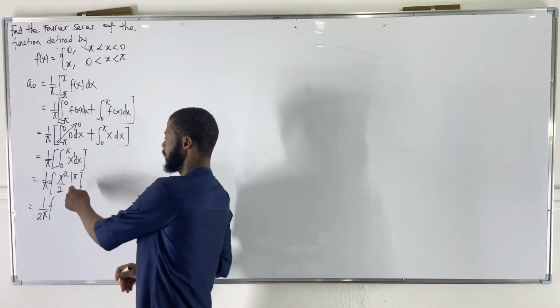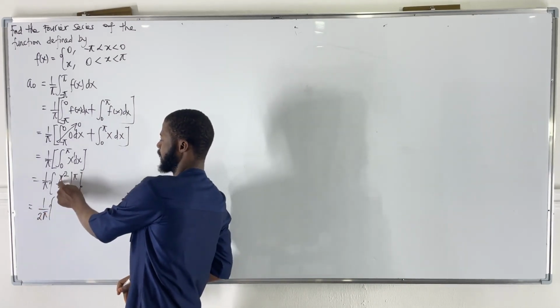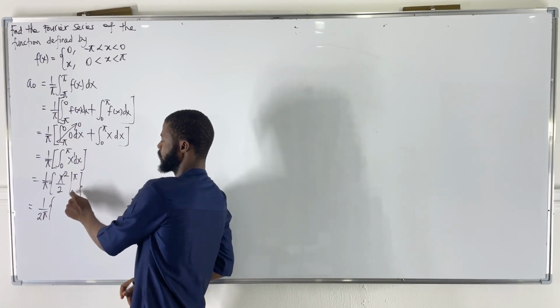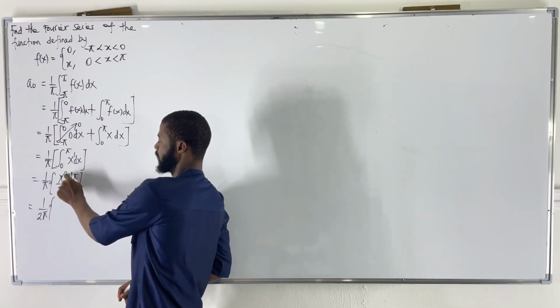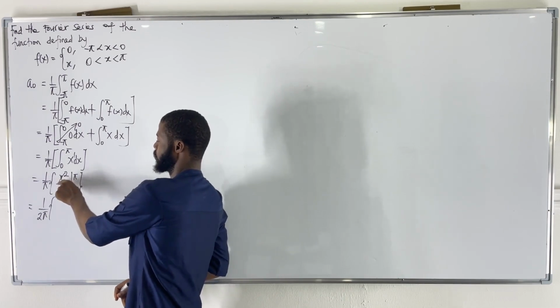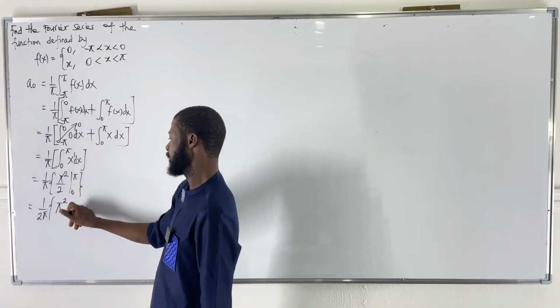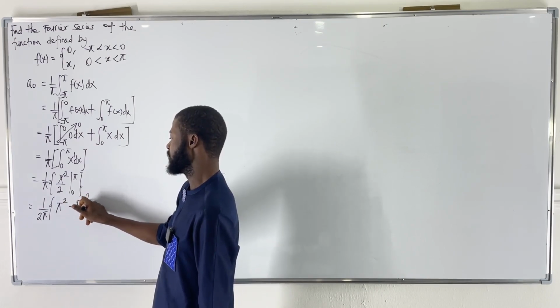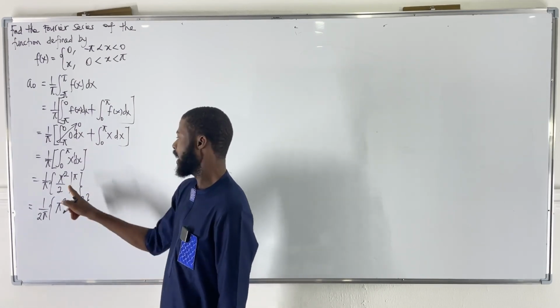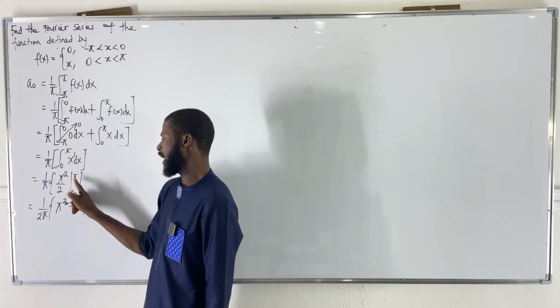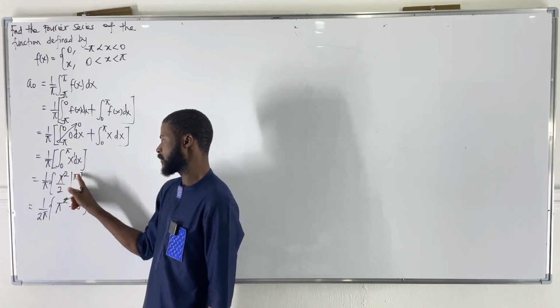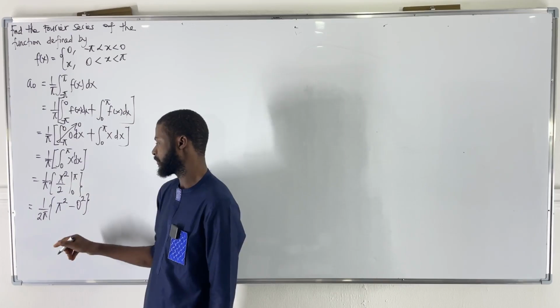Then what's left is x squared within this interval. So let's put in our limits. The upper limit will make it pi squared, and the lower limit is 0, so that will be 0 squared. Because anywhere you see x, we're going to put this pi and this 0. The first time x was pi, the second time x was 0.